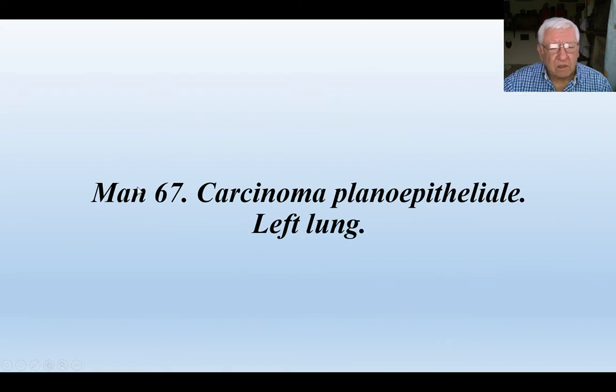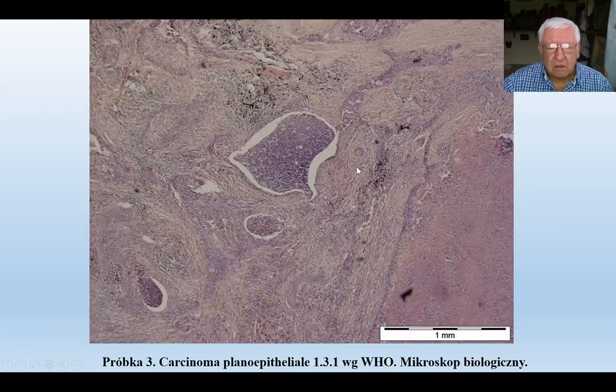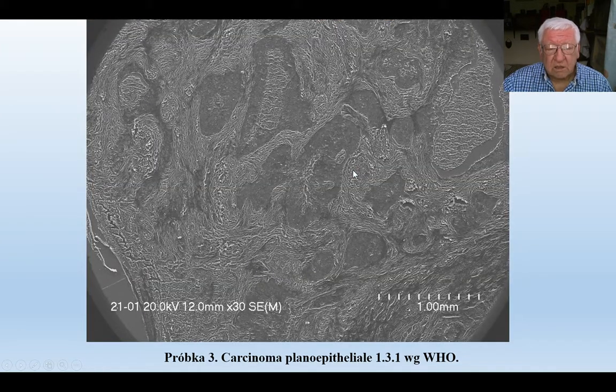And next man, 67 years old, the same carcinoma, left lung, histological picture. These histological observations were the base for selection of the material for scanning microscopy examination, observation, chemical analysis, and so. And the magnifications are not very big.